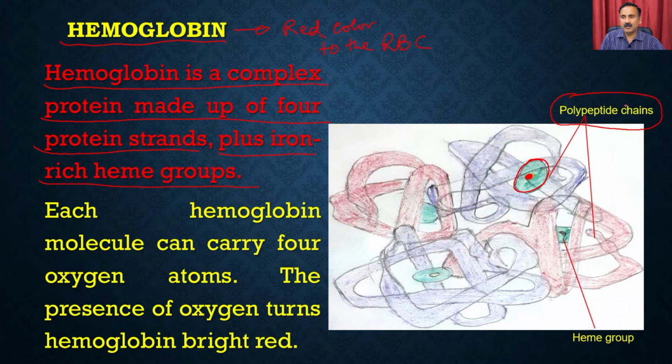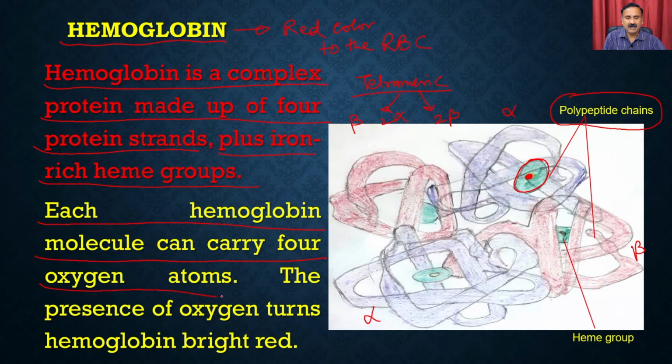You have the alpha chain, the beta chain, the alpha chain, and then the beta chain. So it is a tetrameric protein made up of 2 alpha and 2 beta chains, where alpha and beta are alternately placed.